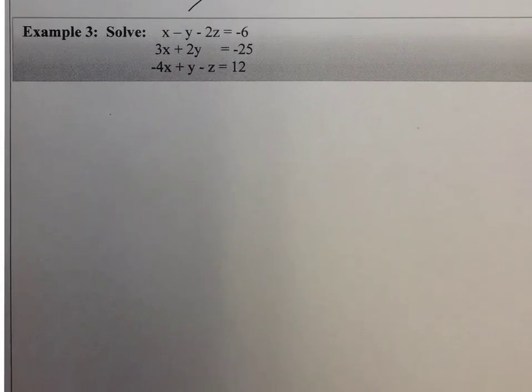We have, and again, I'm going to label these 1, 2, and 3, just to keep them organized. If I'm looking at equation 2, I don't have a z. The z's already eliminated in equation 2. So my best bet is to take equation 1 and equation 3 and eliminate the z's in those two equations.